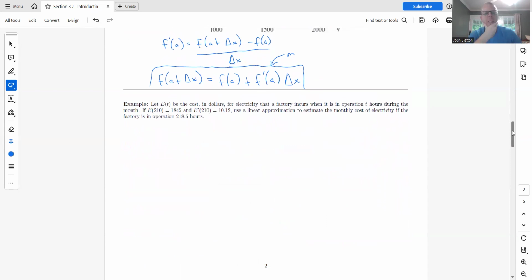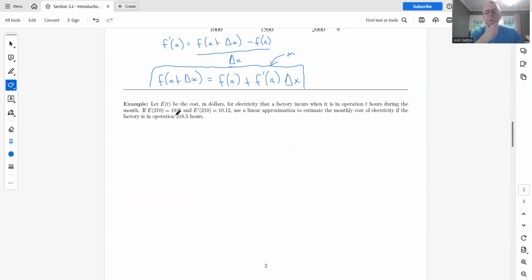We have E of t is the cost for electricity in operation t hours during the month. So E of 200 is 1845. E prime of 210 is $10.12. Use linear approximation to estimate the monthly cost if the factory is in operation 218.5 hours.